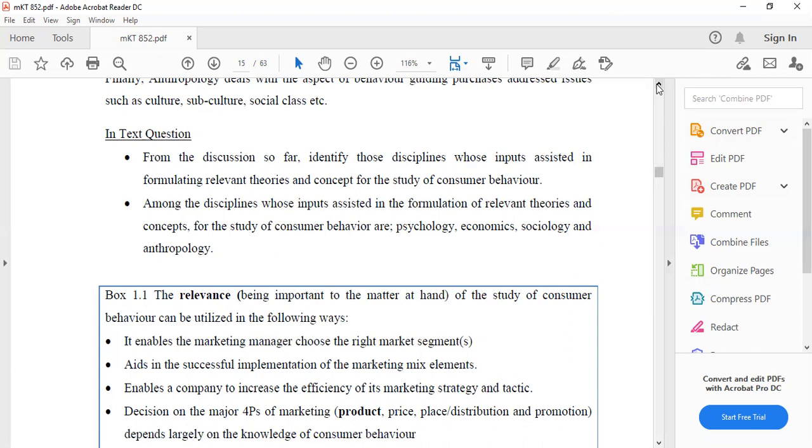Then price is also an aspect of the marketing mix, which the knowledge of consumer behavior makes use of. In setting price, certain considerations are made, and among them is the ability of the consumer to pay for the product. If the consumers are price conscious, then setting a very high price will have a negative consequence on your product.